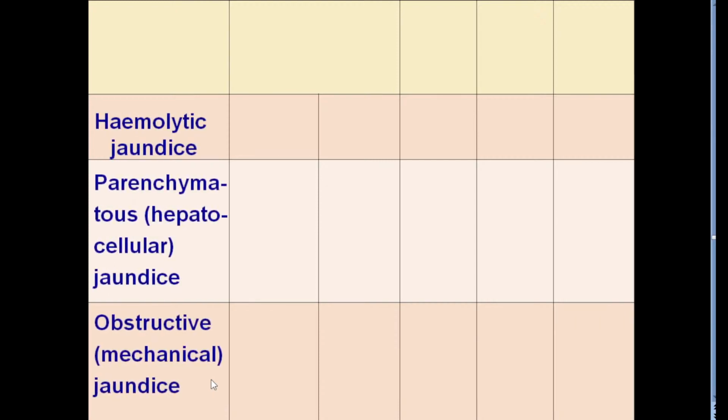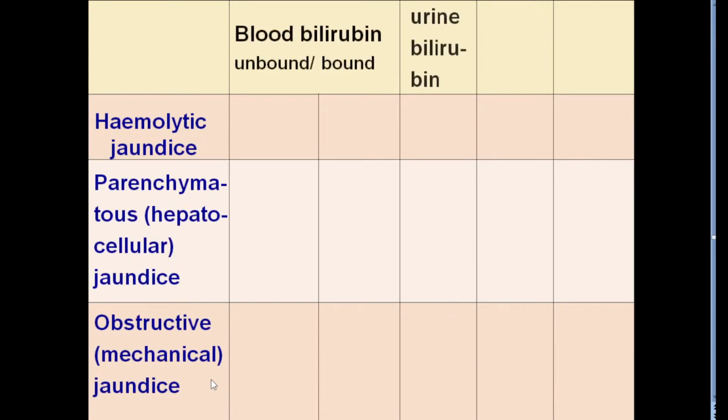Now let's finally formulate an opinion about differential diagnosis of any type of jaundice. First of all, we pay attention to the correlation between bound and unbound bilirubin in the blood. We check urobilin in urine and stercobilin in feces.